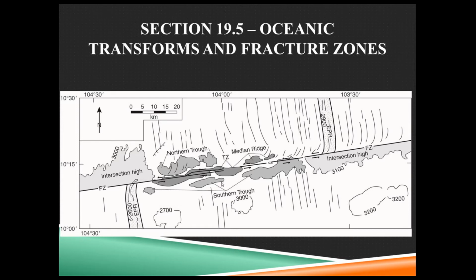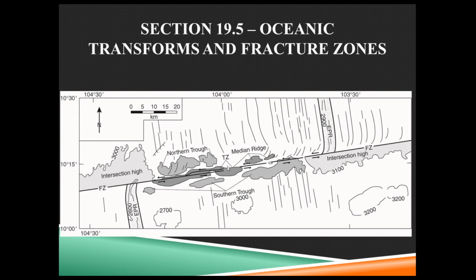On the other hand, across this transform zone, you've got a net displacement of 6 centimeters a year, because the top is moving left at 3 centimeters a year, the bottom is moving right at 3 centimeters a year. So, this median ridge, different hills of this ridge are sliding past each other or towards each other at 6 centimeters a year.